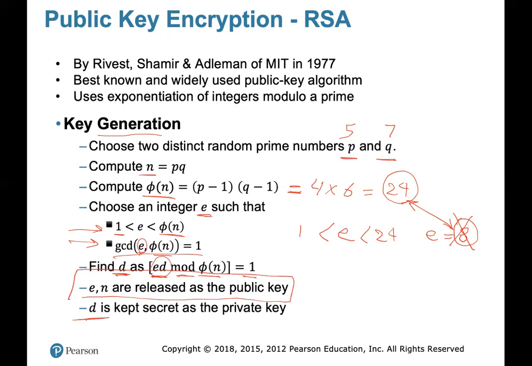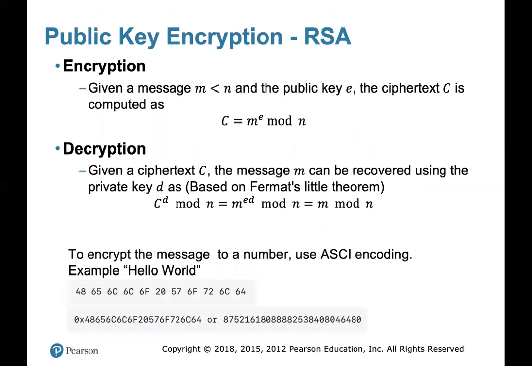So based on this, now let's talk about encryption and decryption. We said E and N are the public key and D is the private key. The encryption is very easy. It's just a power computation.